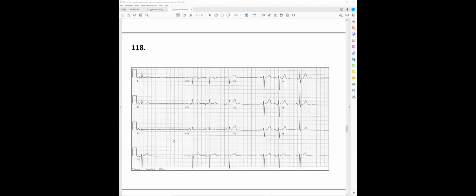Good, go on. Impulse formation. So 4 waves were within 6 seconds. So 40 BPM. Okay, very slow. But why do we have this arrhythmia?